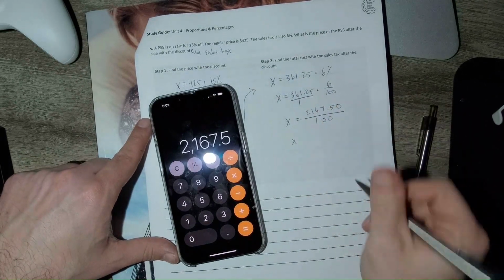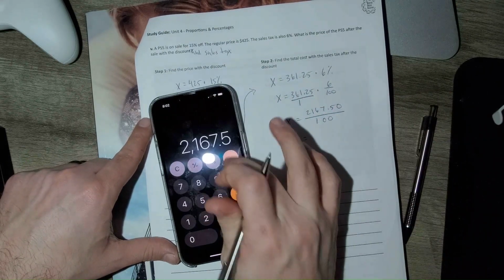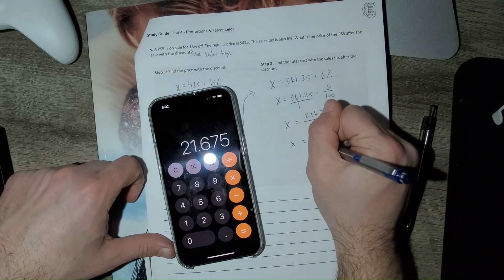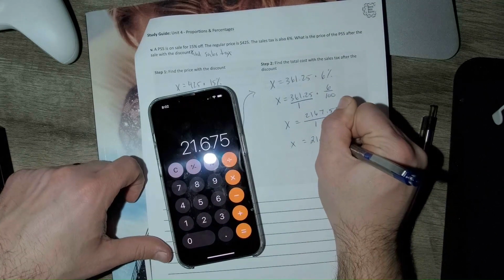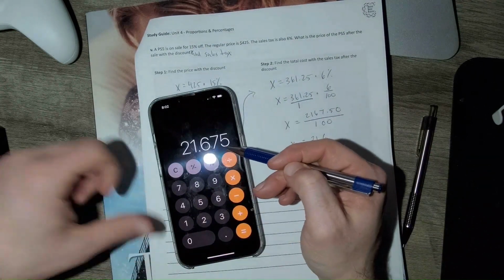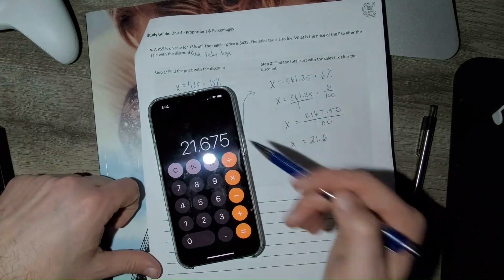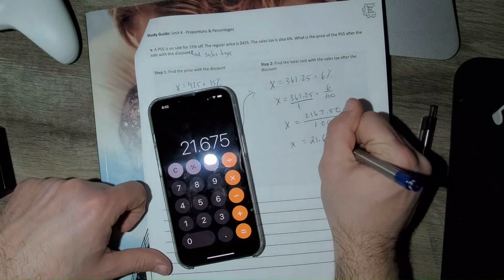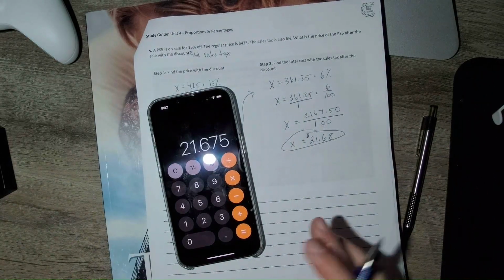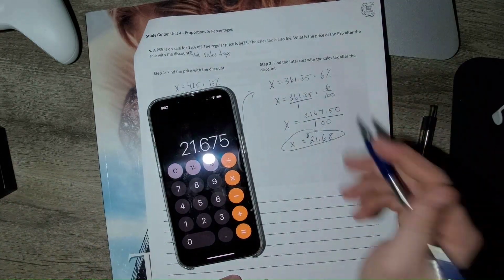And then I can just divide this by 100 to get that the tax was $21.675. I can round this to 68, right? Because the 5 is bigger than 4, so you want to make the 7 an 8. And so I know that our sales tax is $21.68, but that's an increase.